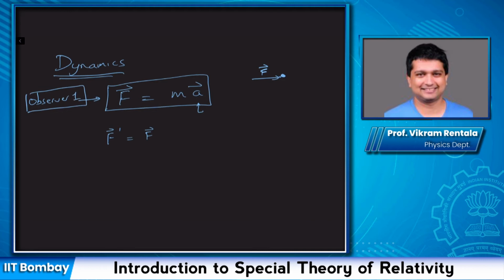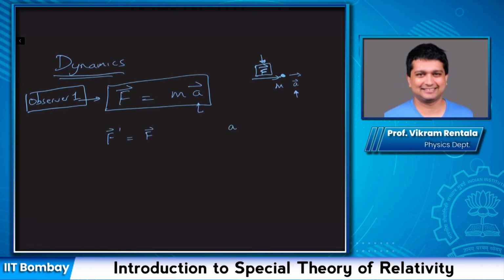So they see that if there's a force applied on an object, this object will accelerate with an acceleration a, and this would be in proportion to the mass of the object. Now we want to see, given the fact that observer 1 measures that under the action of a particular force the object is accelerating with an acceleration a, what would observer 2 see? We already have the dictionary which tells us what observer 2 measures given measurements that observer 1 measures.